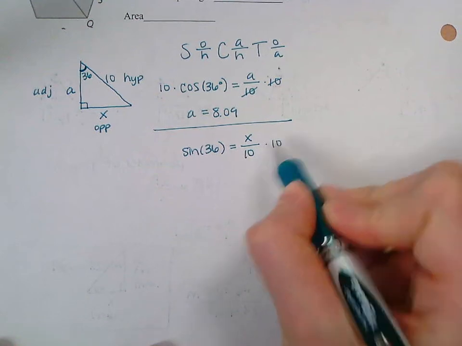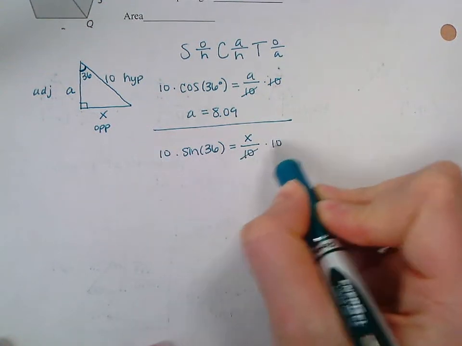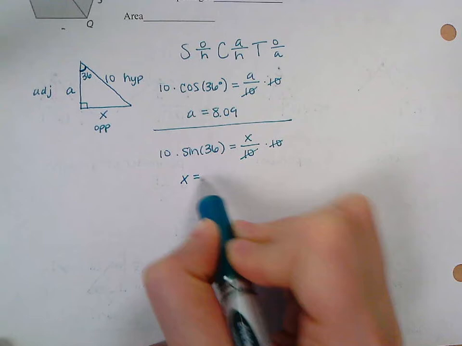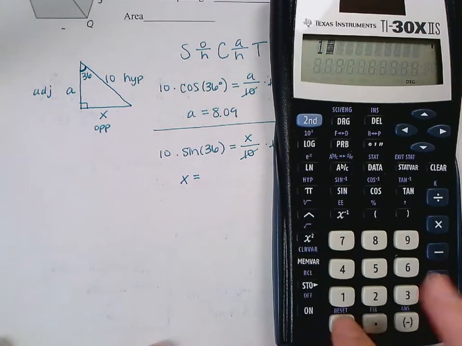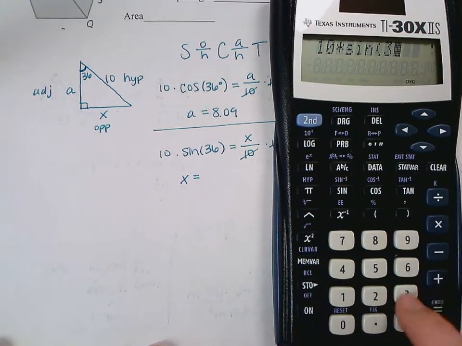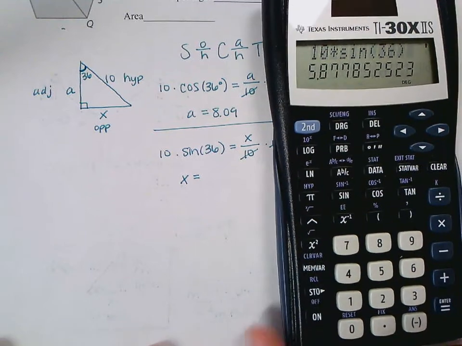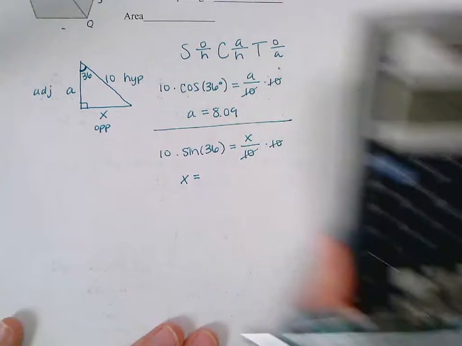Multiply both sides by 10. So then x will equal, and I can type that in my calculator, 10 times sine of 36. So 5.88 approximately.